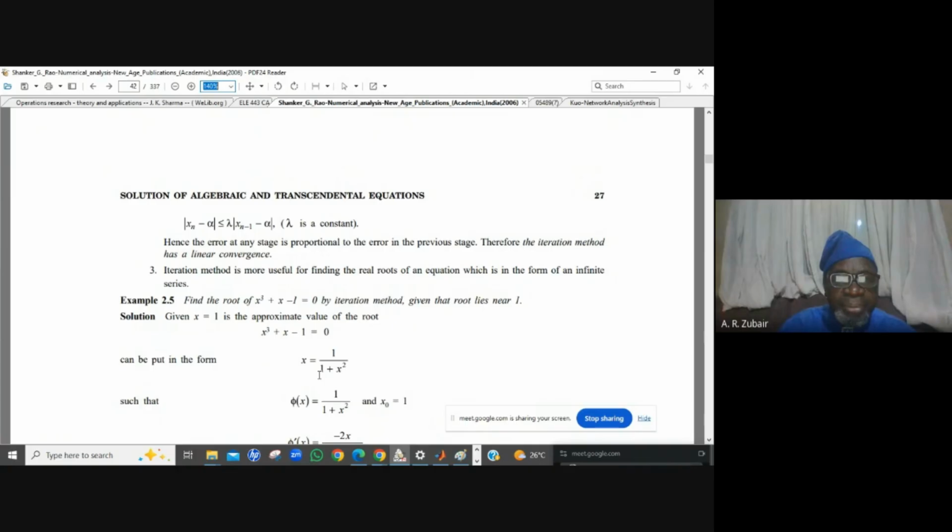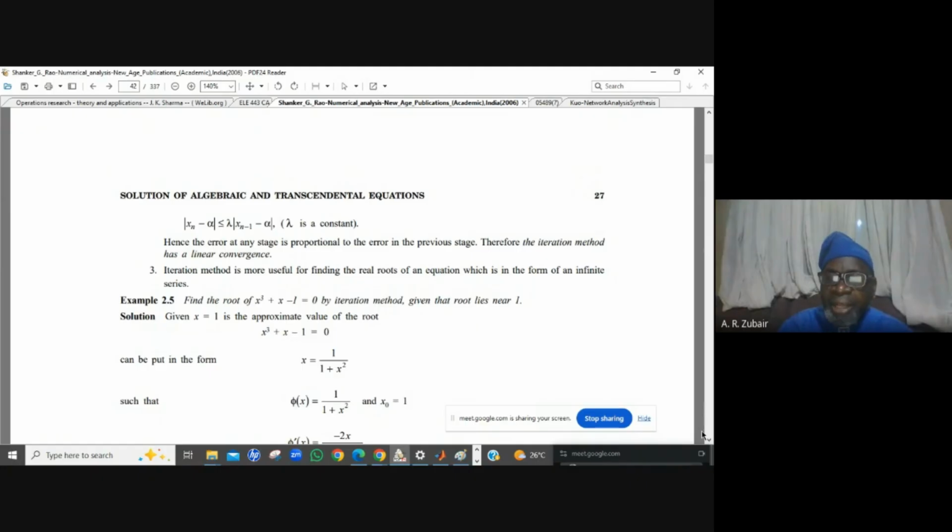I think he pushed 1 to this side, and he has x raised to power 3 plus x. Factorize, bring x out, so that would be x into x squared plus 1. And then you can take x squared plus 1 to the other side. So please, this expression is formed from here.